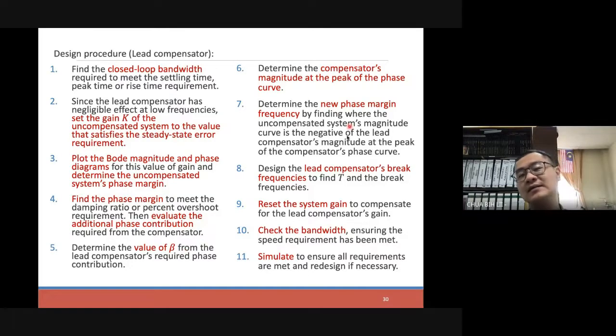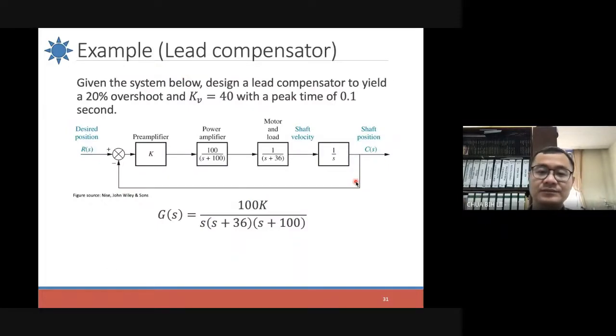Then do the necessary adjustment to our phase margin by inserting the lead compensator, the patterns that we would like. So here are examples. We directly go into examples. To design the lead compensator, what we need to do is use the same equations.